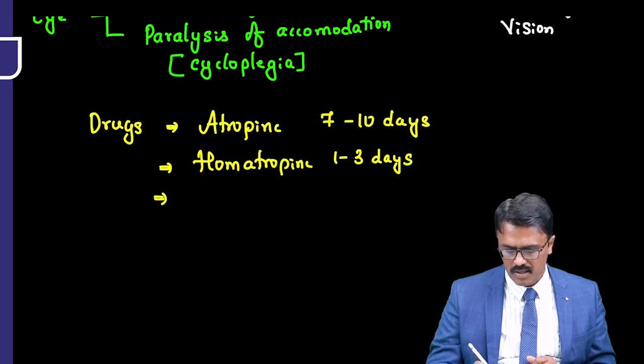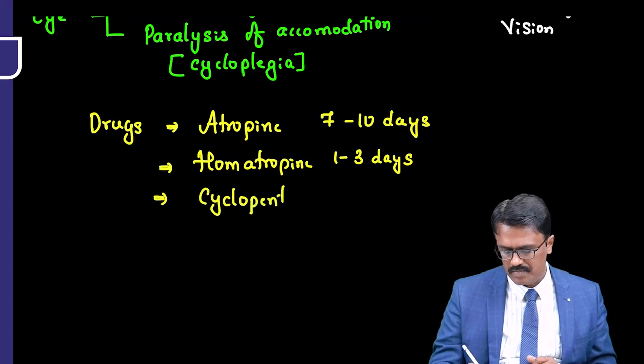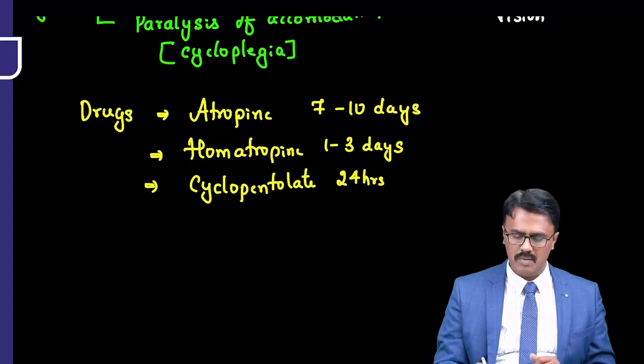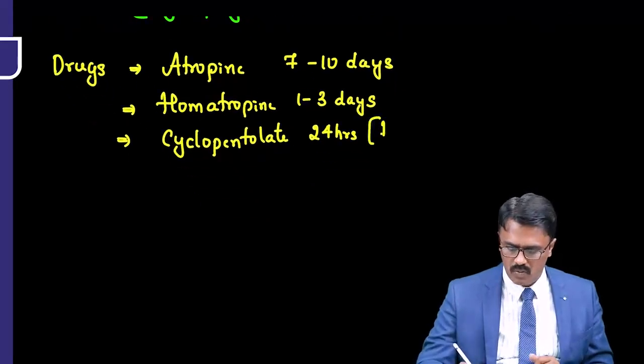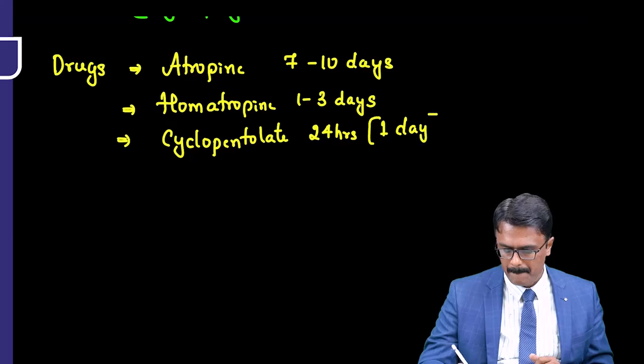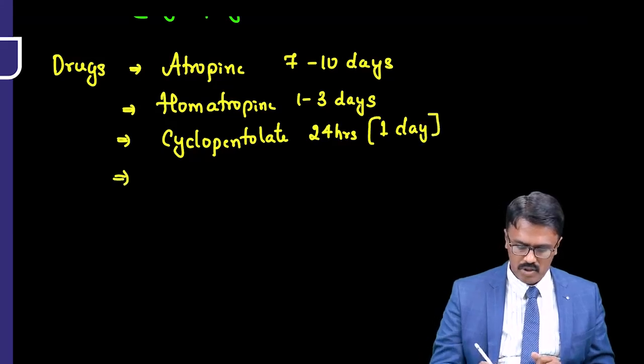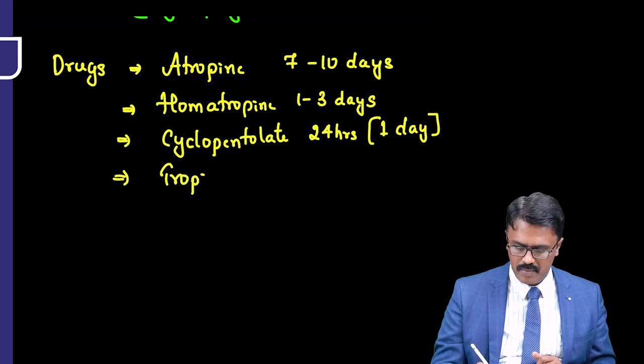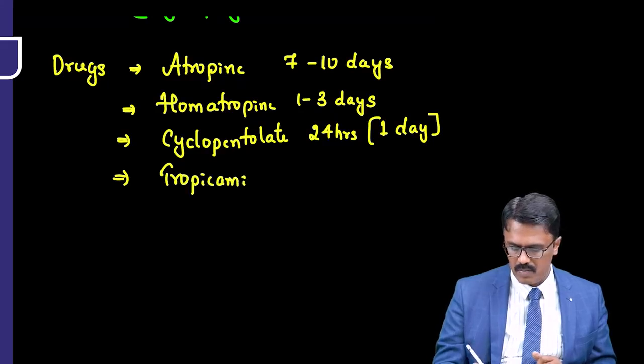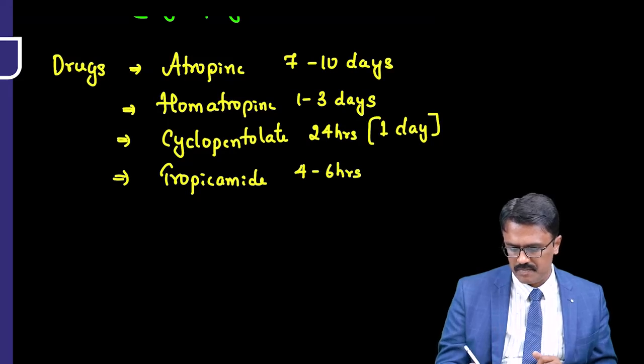And we have a drug by the name cyclopentolate. Cyclopentolate works for 24 hours, or simply you can remember it as 1 day. Then we have the shortest acting passive mydriatic, called tropicamide. It works for 4 to 6 hours.